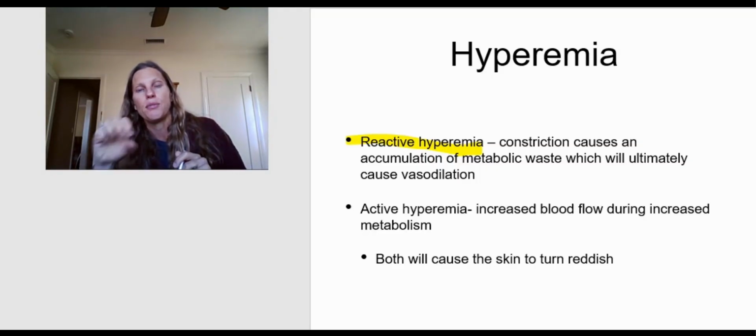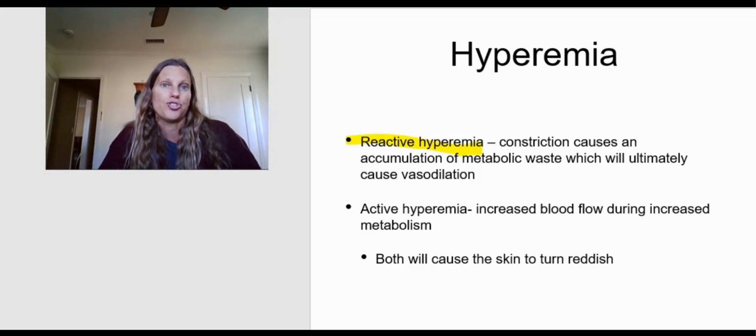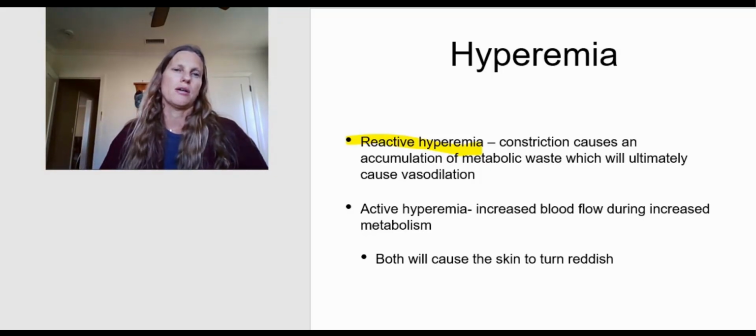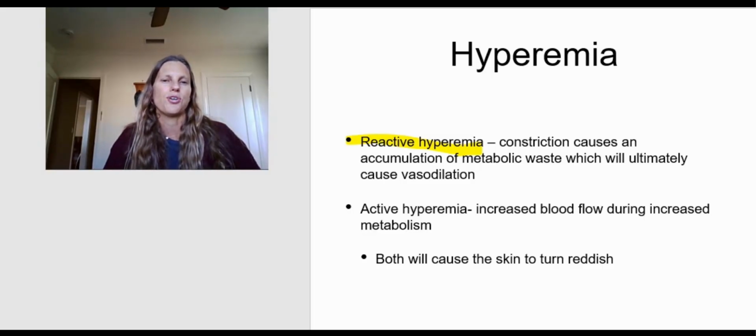But if we don't need it in an area, we can constrict. And if you really constrict to an area, that's what causes this reactive hyperemia, because you're just not getting the blood delivery and getting rid of the waste products. And then there's the consequence of overall metabolism and the increase in blood flow that we see as a result of that. All right, so that was a lot.